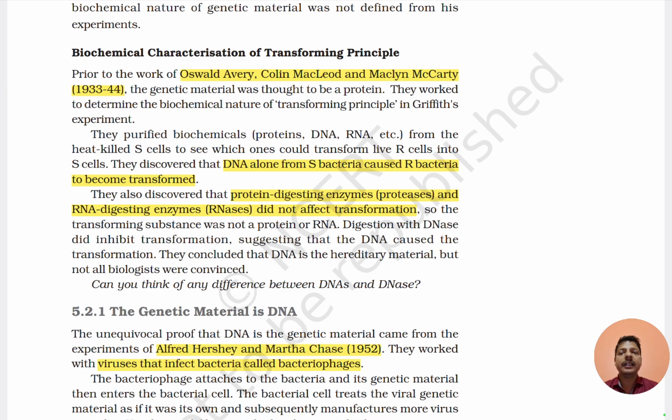They discovered that DNA alone from S bacteria causes R bacteria to become transformed. They also discovered that the protein-digesting enzyme protease and the RNA-digesting enzyme RNase did not affect transformation. The transforming substance was not a protein or RNA. Digestion with DNase did inhibit the transformation, suggesting that DNA causes the transformation. They concluded that DNA is the hereditary material, but not all biologists were convinced.